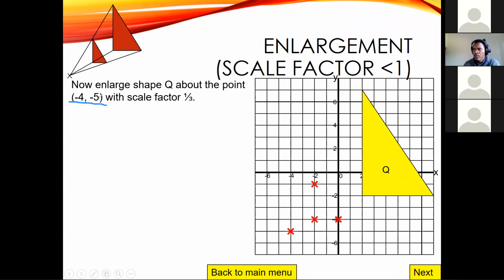This will be our center of enlargement, and this will be our scale factor. We are reducing the size because it's less than 1, so they want a smaller shape. If we know the scale factor, it will be easy. If we don't know the center of enlargement first, now let's say the center of enlargement was not given to you, this is not there.